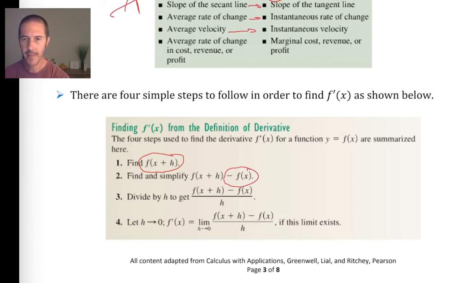We'll simplify that, and then we'll take that entire expression and we'll divide it by h. And if all goes well, that's going to simplify nicely. And then we'll introduce these 2 additional pieces of notation. We'll take the limit as h approaches 0, and the result of evaluating that limit will be a new function, which is our first derivative.